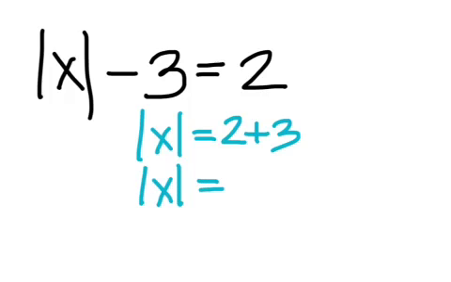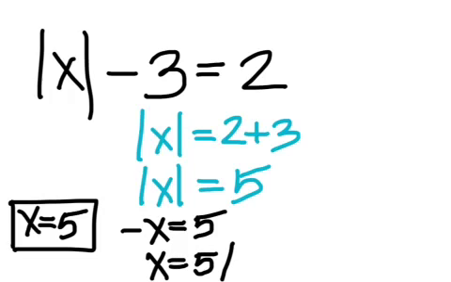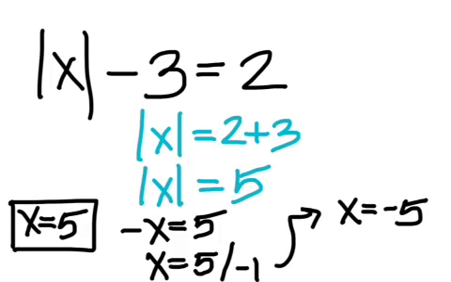So then you come up with absolute value of x equals 5. And from that point, you can set up two different equations. You'll have x equals 5, which is finished, and then you'll have negative x equals 5. And for the right side, you would divide the 5 by the negative 1 and come up with a negative 5.